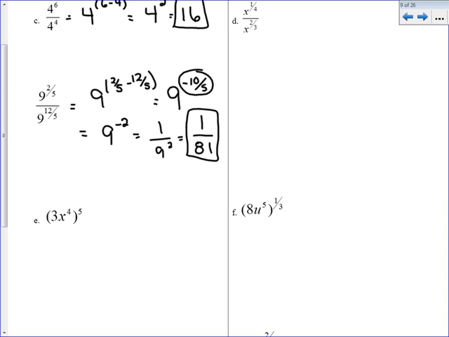Yeah. You would just simplify. So like if you had, let's say, 9 to the 4/6, you would go 9 to the 2/3 and then go from there. What if it wasn't even though?